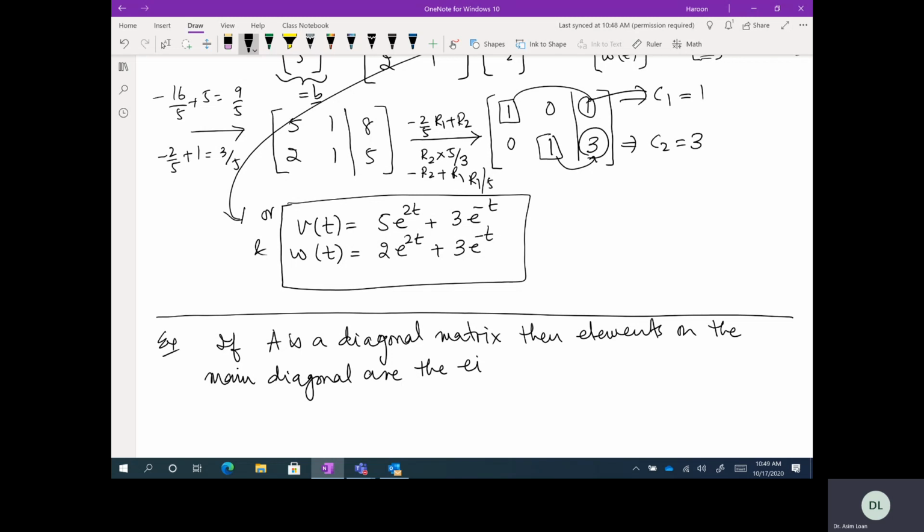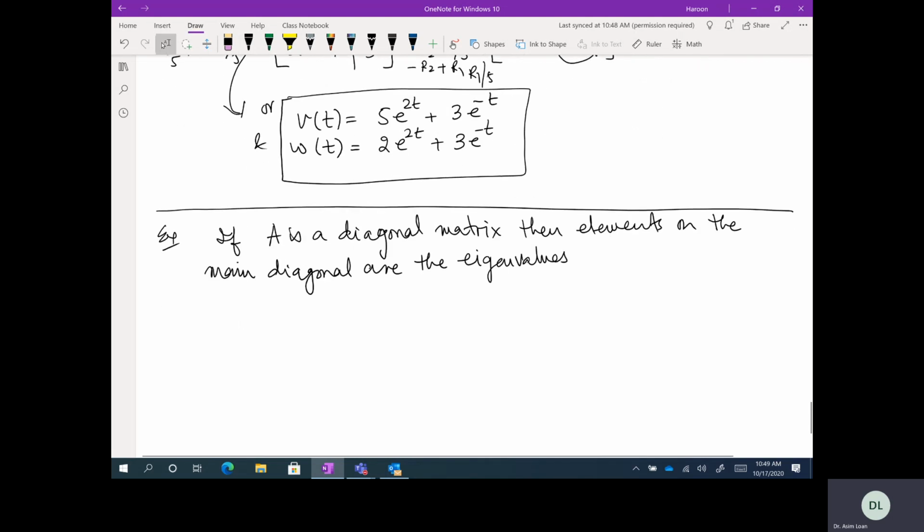So if you have a completely diagonal matrix, or an upper or lower triangular matrix, in both cases your eigenvalues are the elements on the main diagonal.